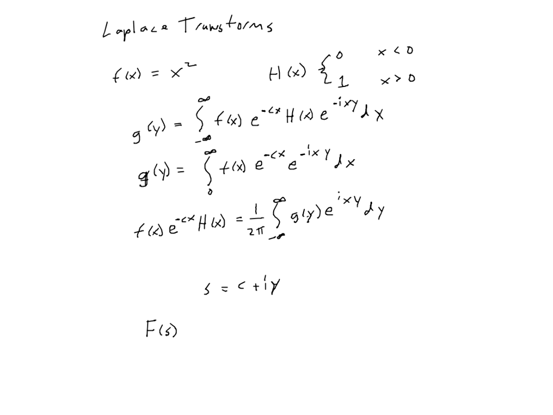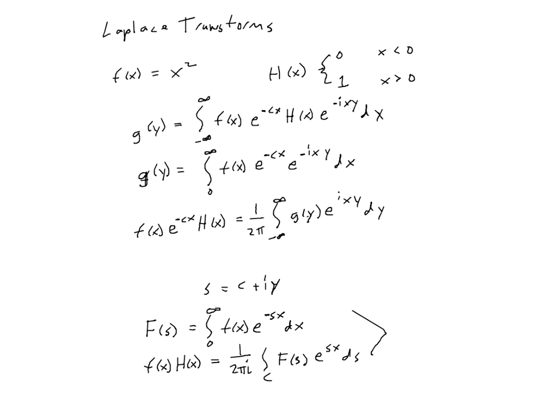So you can write this as F of s equals the integral from 0 to infinity of f of x e to the minus sx dx, and f of x times a Heaviside function equals 1 over 2 pi i times the integral over a closed contour of F of s e to the sx ds.